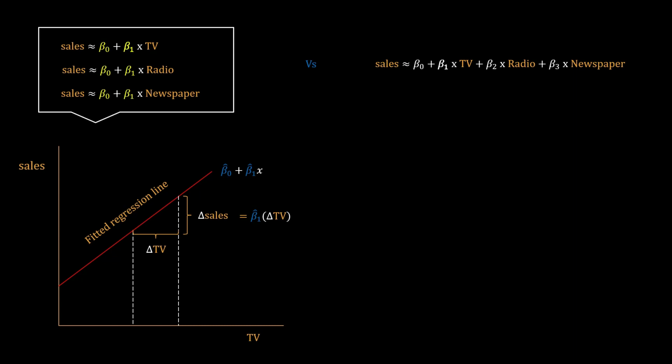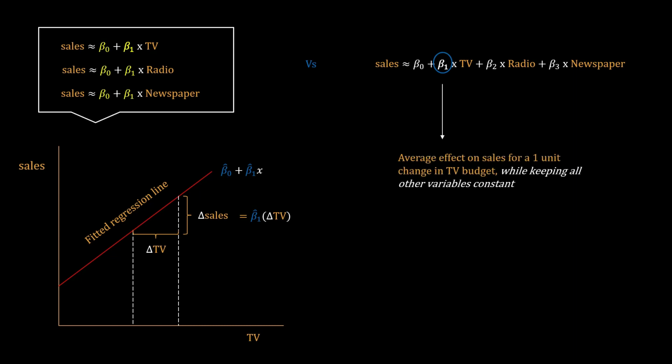In multiple linear regression, the interpretation of beta 1 is the change in average sales for 1 unit change in TV budget while keeping all other variables constant. The beta 1 for TV that we get in simple linear regression in general won't be the same as the beta 1 on TV that we get in multiple linear regression.